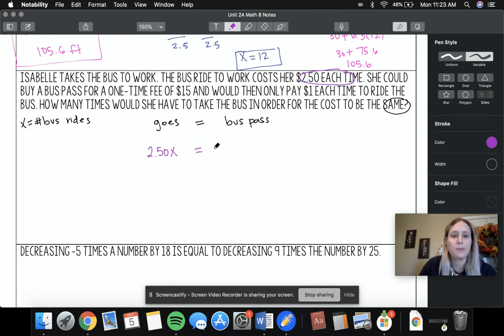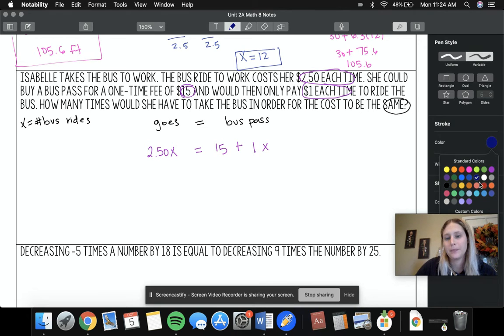Now, if she buys a bus pass, she would have to pay $15 up front. But after that, it would only be $1 each time. So here's the $15. And additionally, she would only have to pay $1 every single time. So now here's the equation. Here's $2.50 for every time. When is that going to be equal to the bus pass? $15 plus $1 every single time.